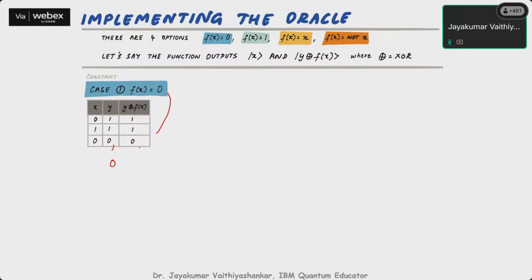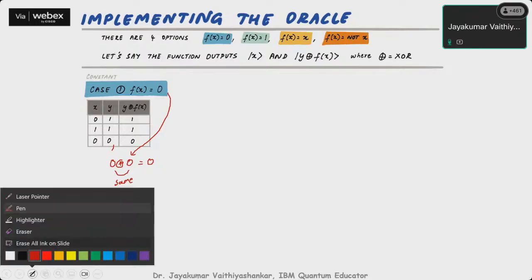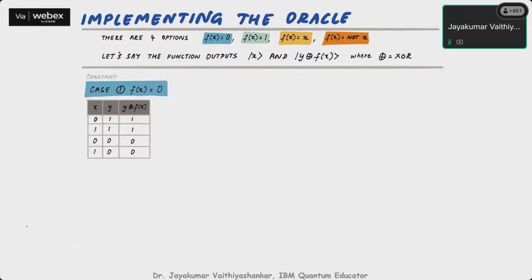What is the value of f of x? 0. So 0 XOR with 0, you'll get 0 because both inputs are the same. If both inputs are the same, it will yield 0. Okay. So look at the fourth case: 1, 0. So 0 XOR with 0 will get 0.